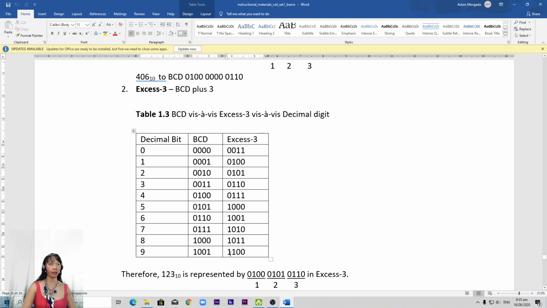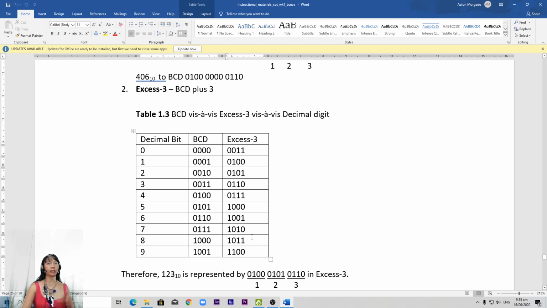So example here, 1100. 8 plus 4 is 12, because 9 plus 3 is 12. So that's the equivalent of 9 in XS3. 9 plus 3 is 12, so therefore it is represented by 1100.